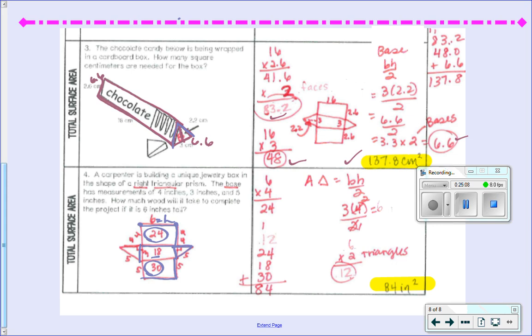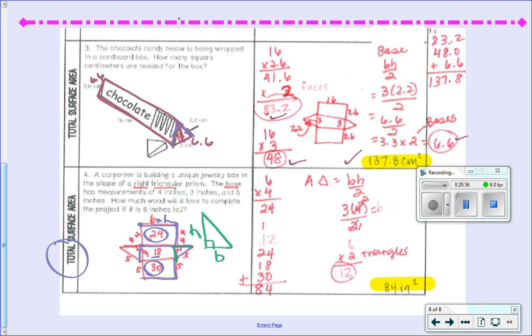Yeah. So we have our lateral surface area there, but we want total. Okay, so your triangles are our bases, right? Base times height divided by 2. Our base is 3 and our height is 4. On the right triangle, that's your base and your height. So 3 times 4 divided by 2, right?